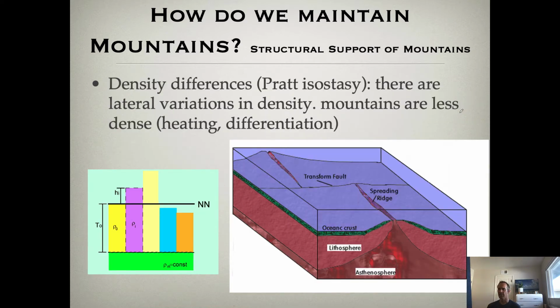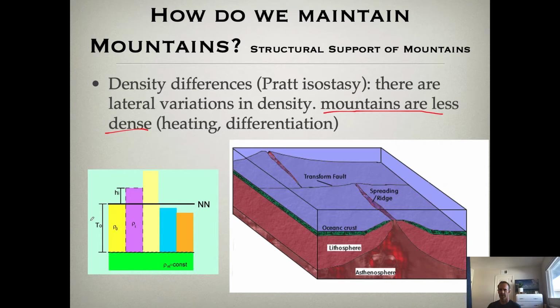The second type is what we call Pratt isostasy. This is due not to differences in thickness, but to lateral variations, or differences in density. In this case, the mountains, the high areas, are less dense. This might be due to different rock type, or it could be due to a difference in temperature.